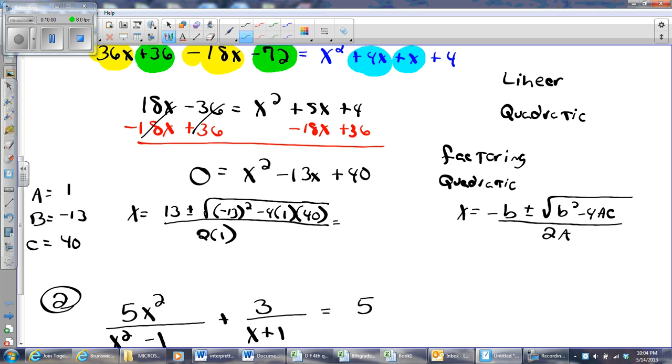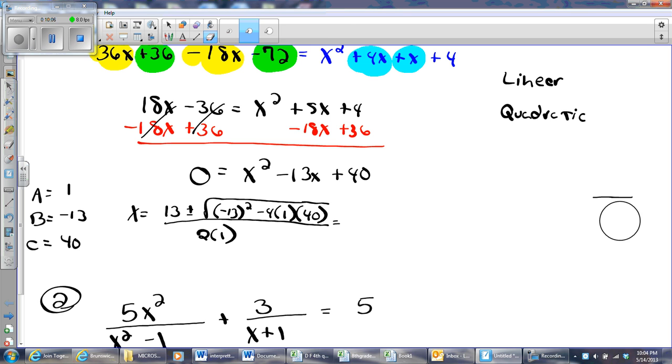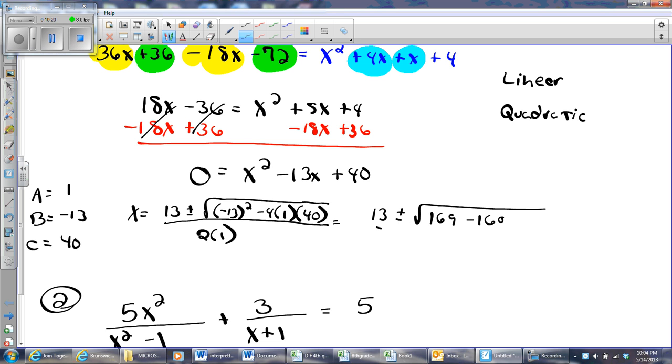Okay, I'm going to simplify that problem a little bit. And I'm going to get 13 plus or minus the square root. Negative 13 squared is 169. 4 times 1 times 40 is 160. And so I'm going to get that over 2.